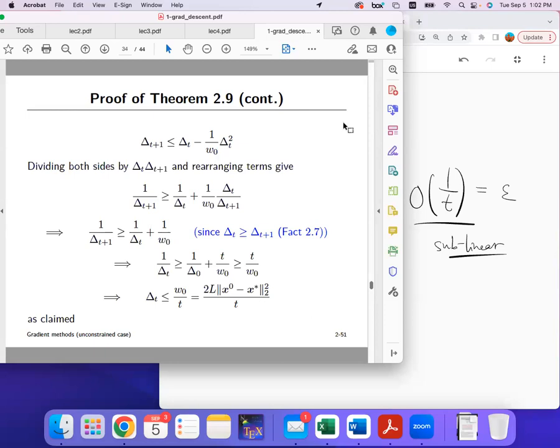After that, if you do that and rearrange the terms, once you divide it by this one, this term is 1 over delta t. It is here, and this term is here. And this term becomes this one. So you just rearrange the terms.